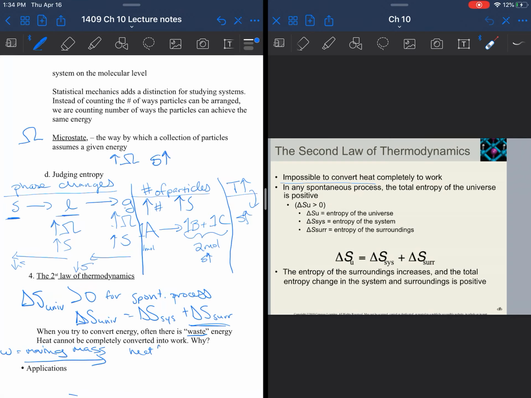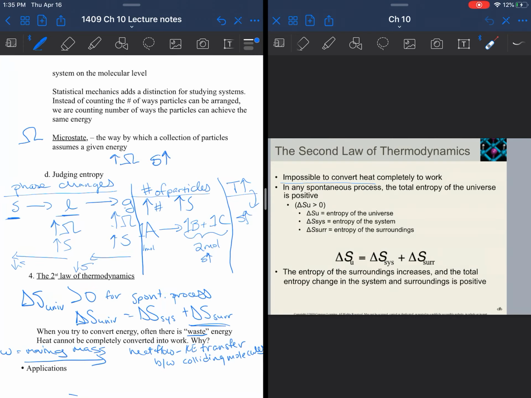Well, heat flow is that kinetic energy transfer when you have a collision between colliding molecules or atoms. Now, molecules, especially in liquids and in gases even more so, are moving in random directions.